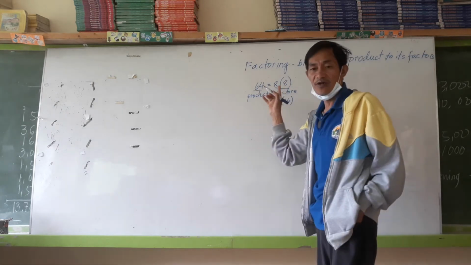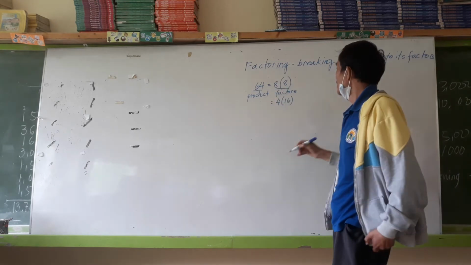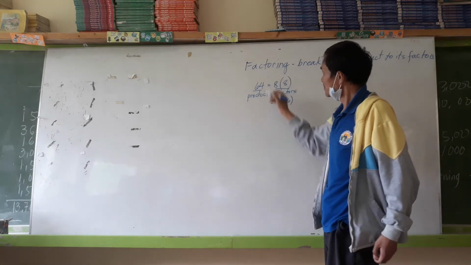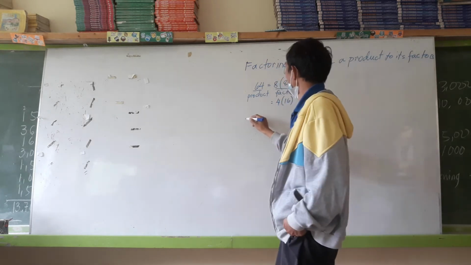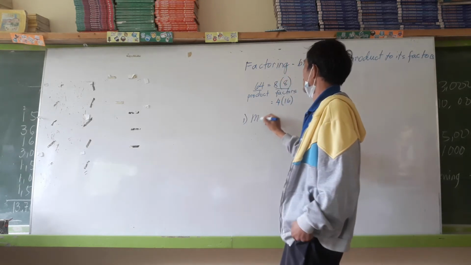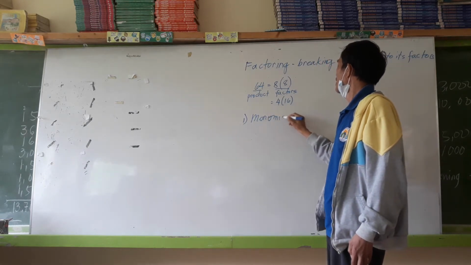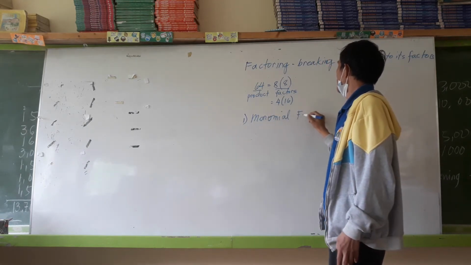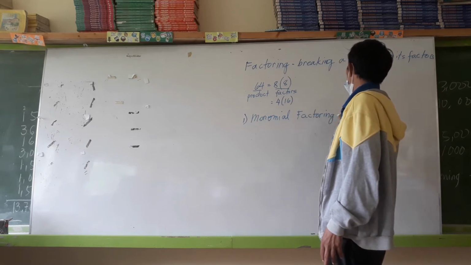So that's how you're going to factor a constant or a number. Now, the first type of factoring is what we call the monomial factoring method.